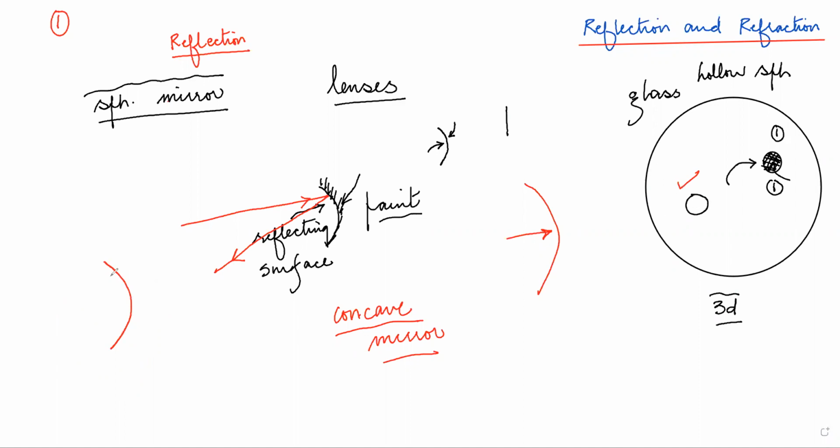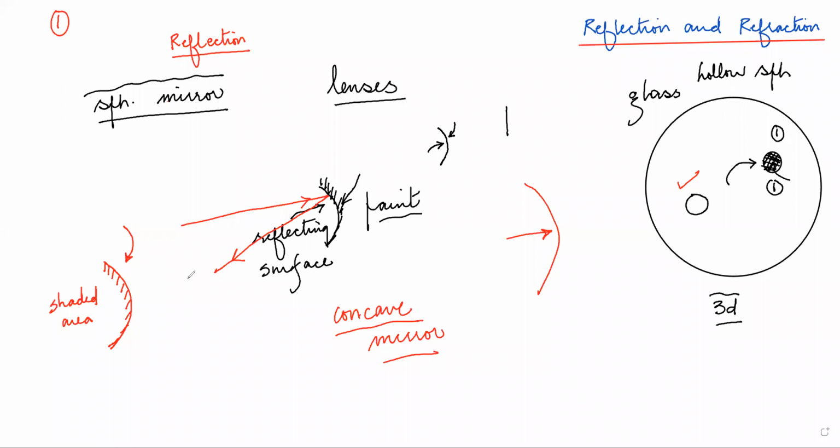The inner portion I am painting, or in other words, you can say it is shaded. This is the shaded area. Or you say this is painted, and the other surface I'm leaving like this. It's glass, so you can say this is a polished surface. This is a surface where the rays will be reflected.